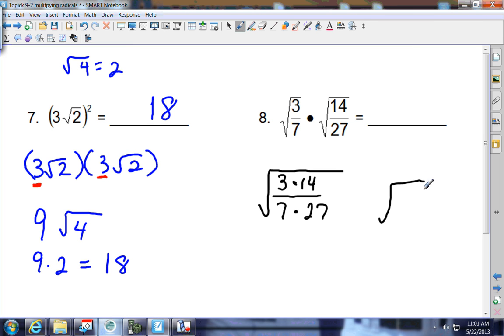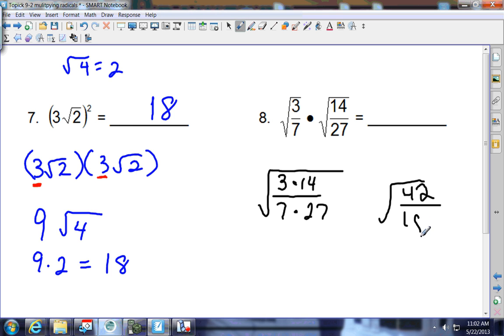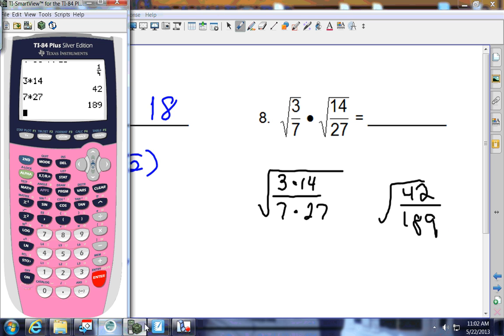So the square root, I'm trying to write with the mouse. You know, it's never good here. 42 over 7 times 27, 189. All right. I know.